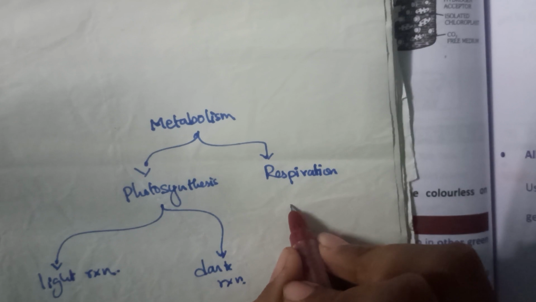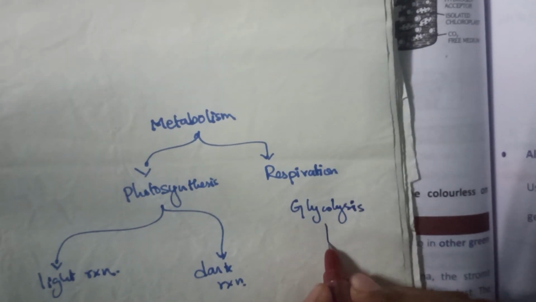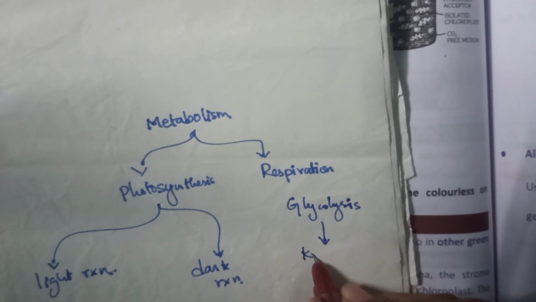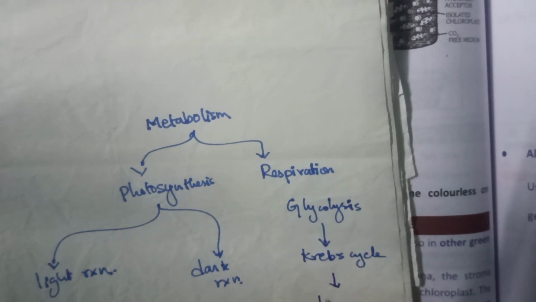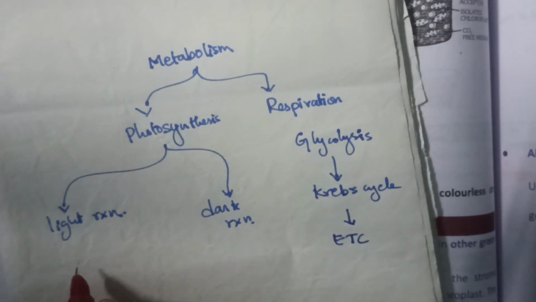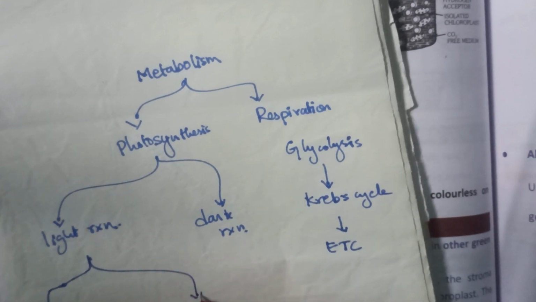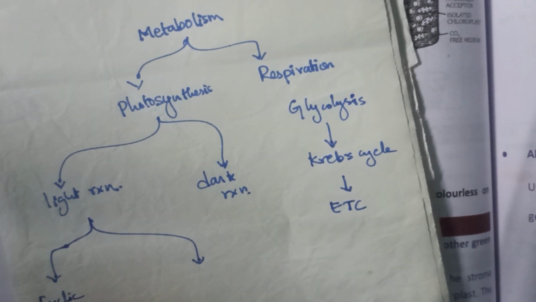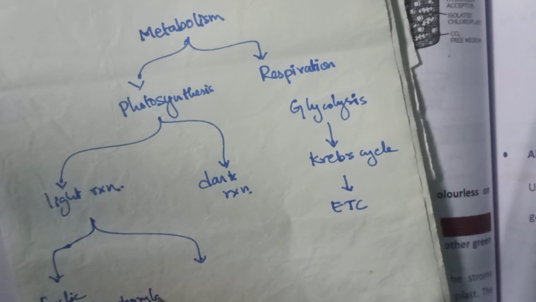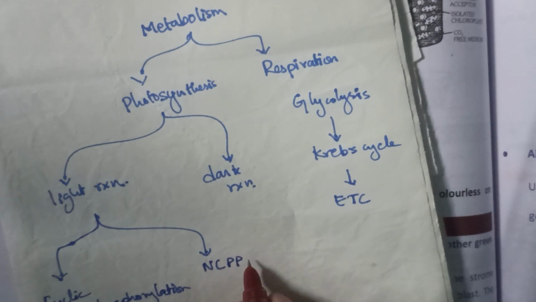Respiration, the steps of respiration are glycolysis, which is anaerobic in nature, followed by Krebs cycle, followed by electron transport chain. The light reaction can be again classified into cyclic photophosphorylation and non-cyclic photophosphorylation.